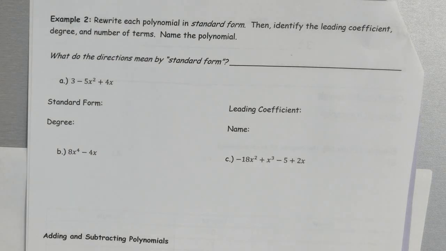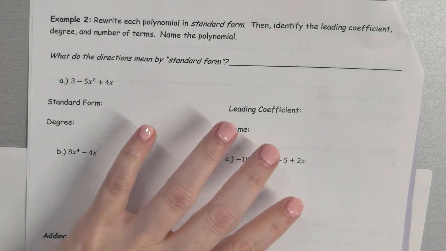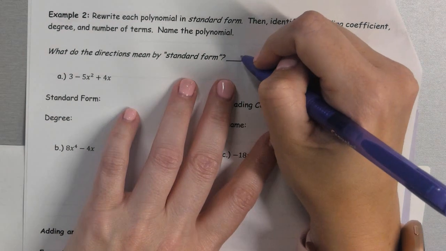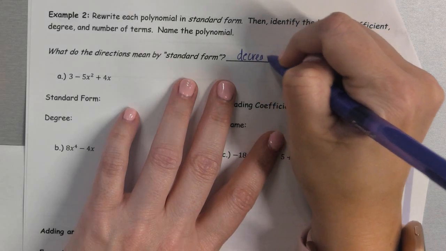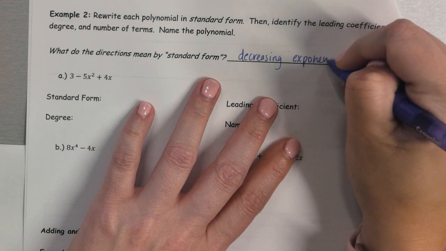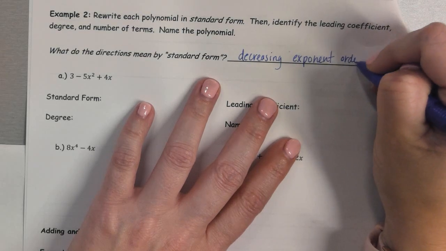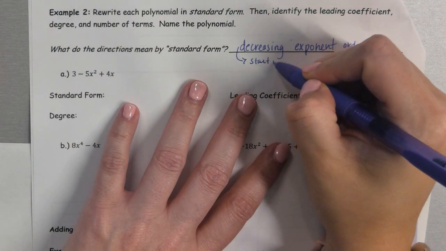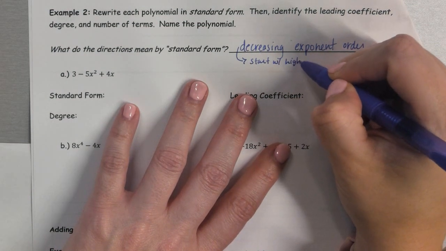So it's like the highest exponent goes first, and then it goes in decreasing order. So you start with the highest exponent, and then it goes in decreasing exponent order.